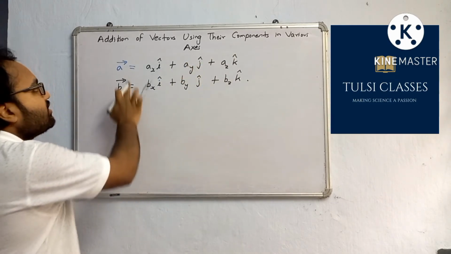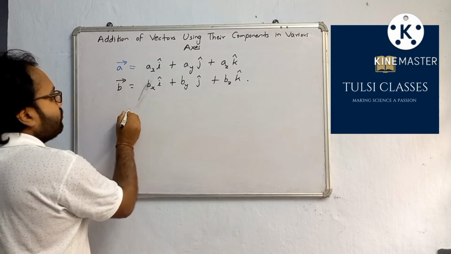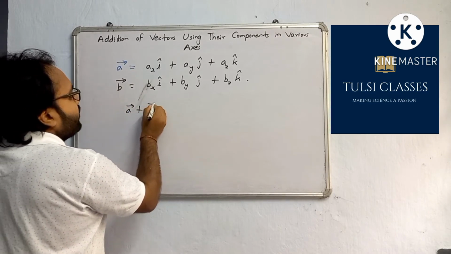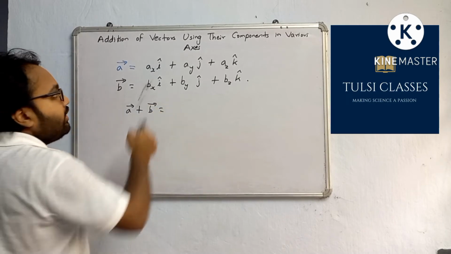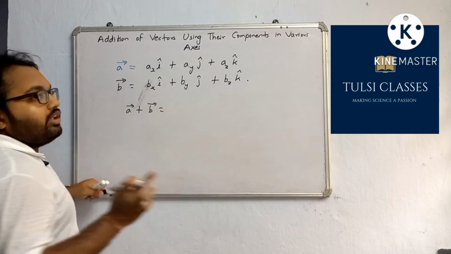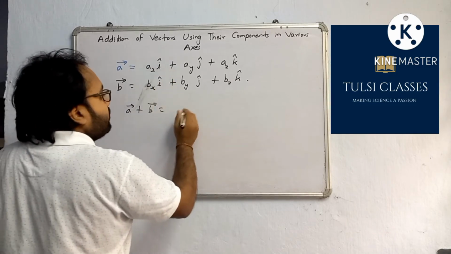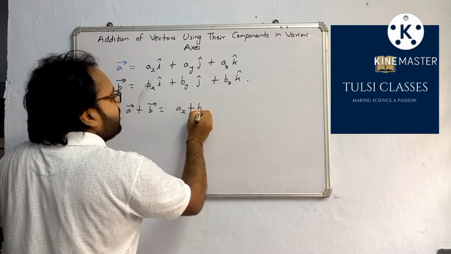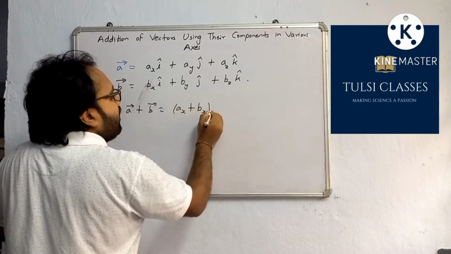Now if somebody asks you to add vector A and B, what will be vector A plus vector B? You will say we will add those magnitudes which are in the same direction, like i cap. So AX plus BX i cap.